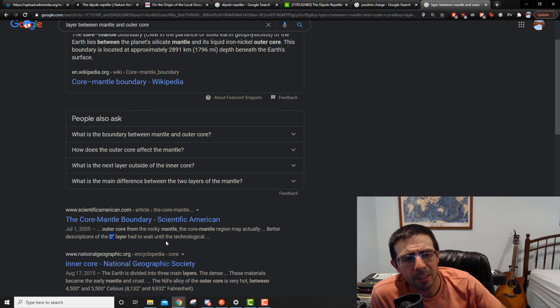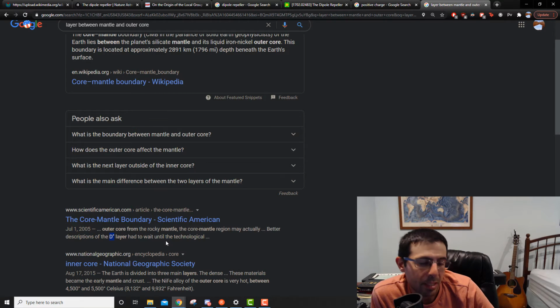So back to the D double prime layer. I haven't looked into it that much, but it's really interesting. The reason we know this layer is there is because of earthquakes.